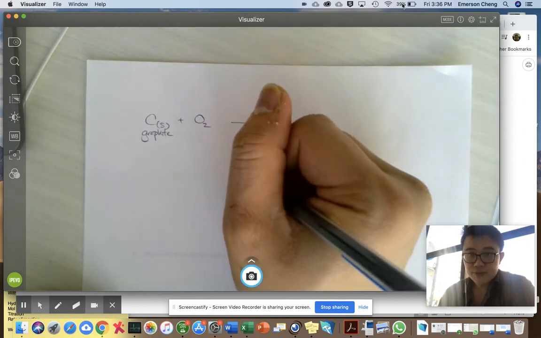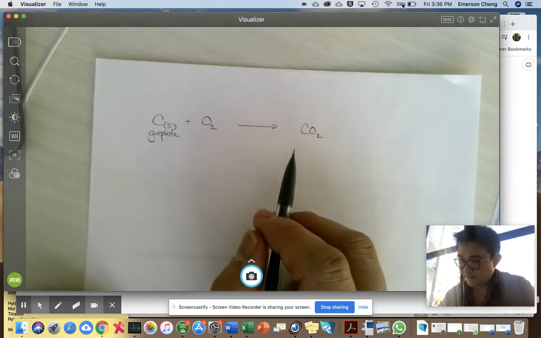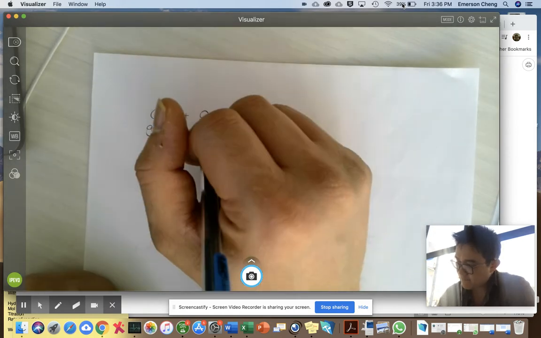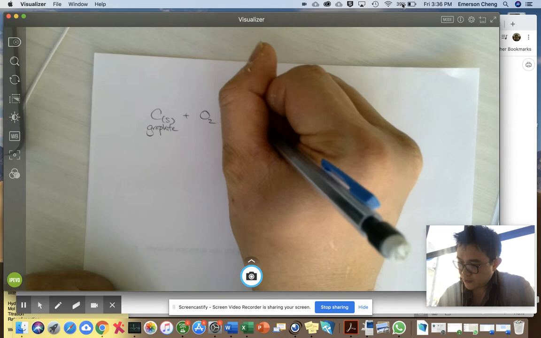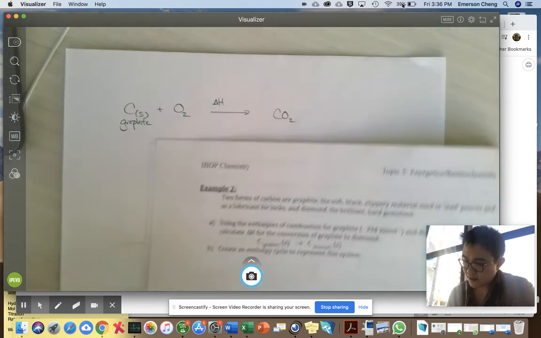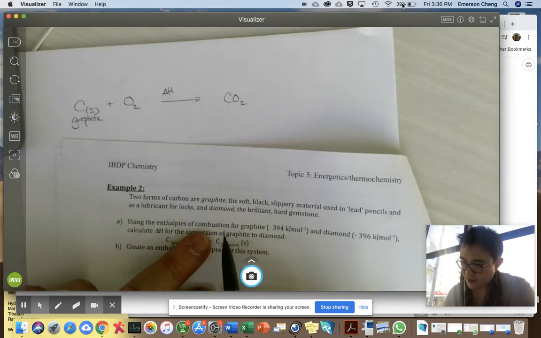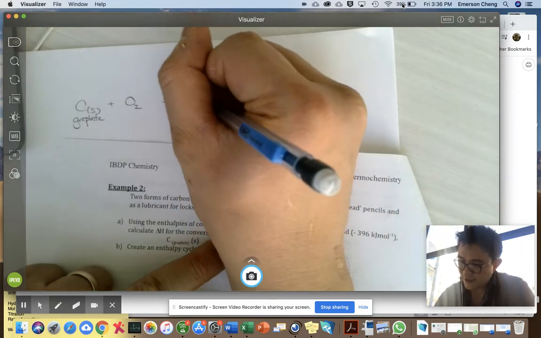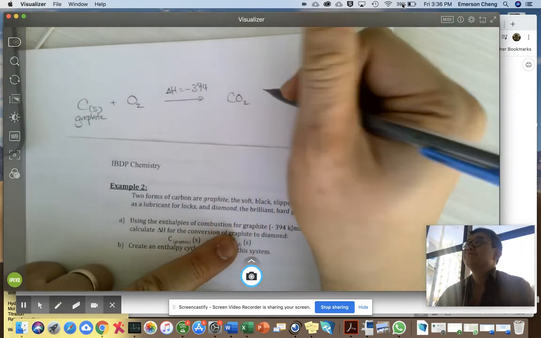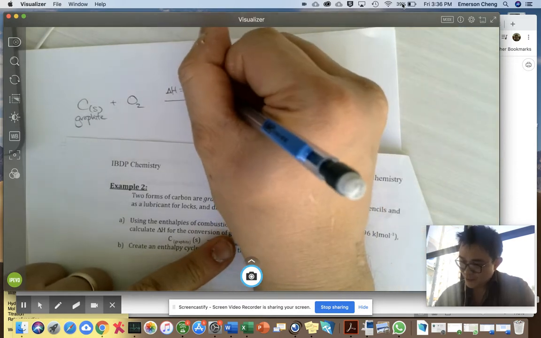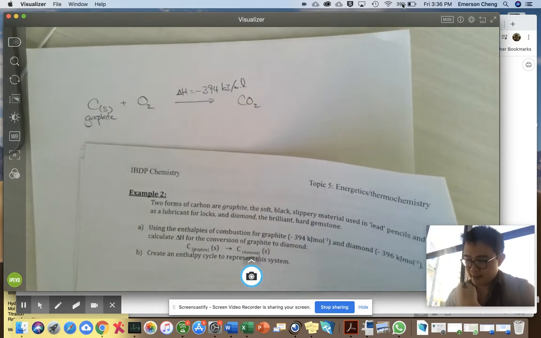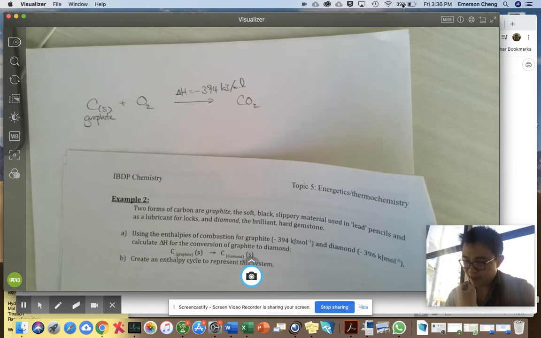So that's combustion of graphite, and the enthalpy is minus 394 kilojoules per mole.